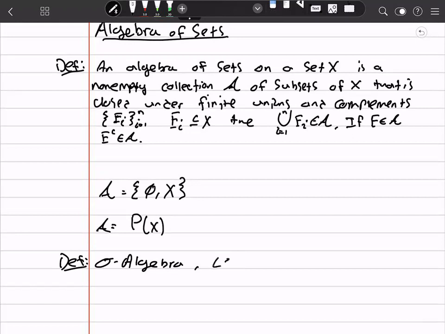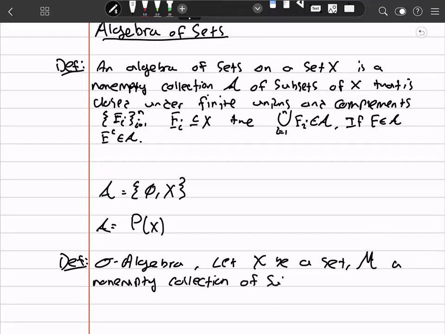We have the same setup as before: we let X be a set, M a non-empty collection of subsets of X. But this time we require M to be an algebra that's closed under countable unions.